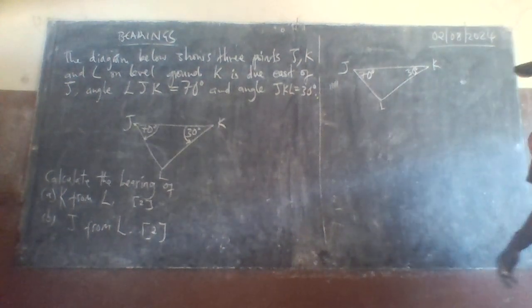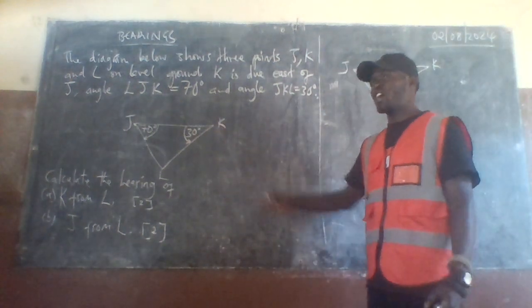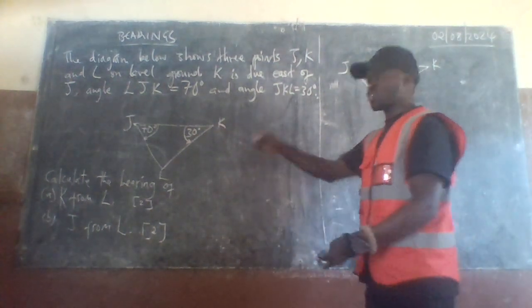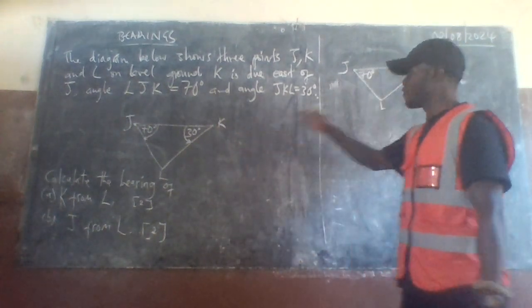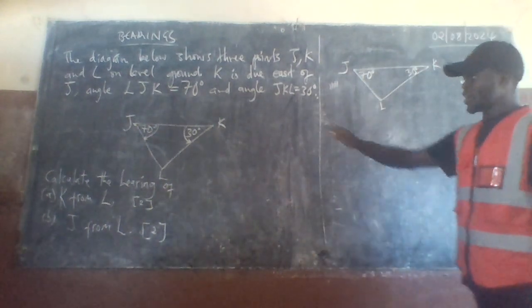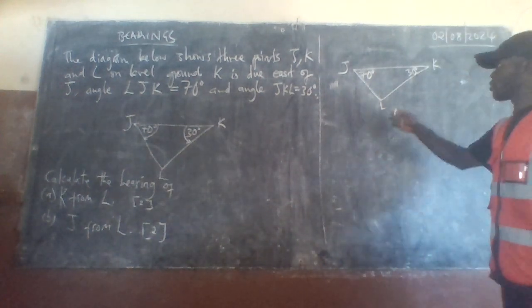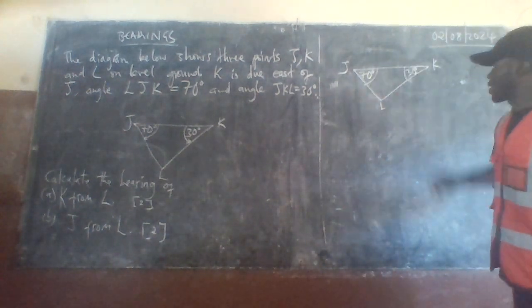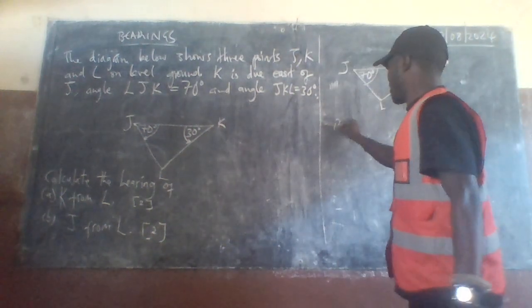When you are solving a question with a diagram, always try to redraw the diagram so that you do not confuse the question. That's why I have drawn the diagram again, so that the question stands and I do my workings from here. Okay.